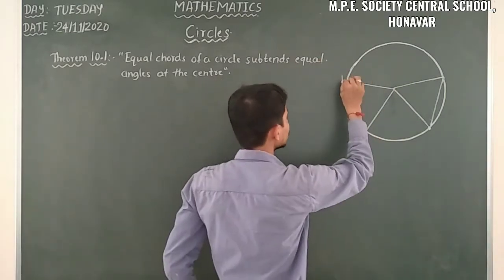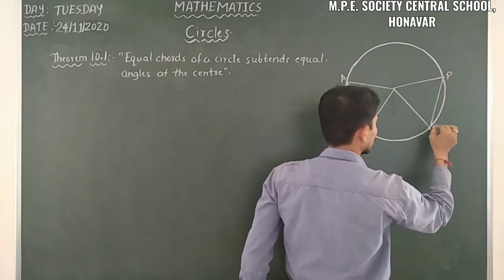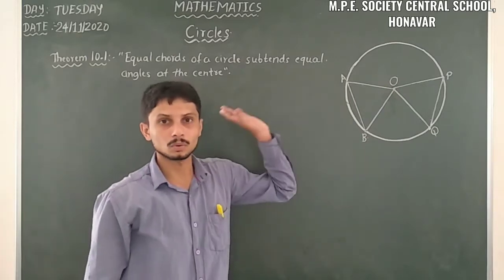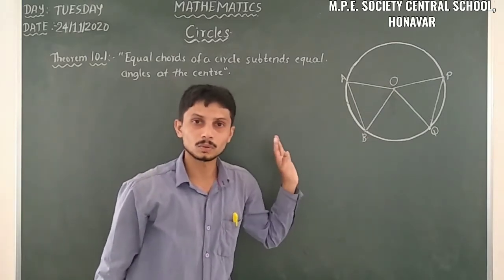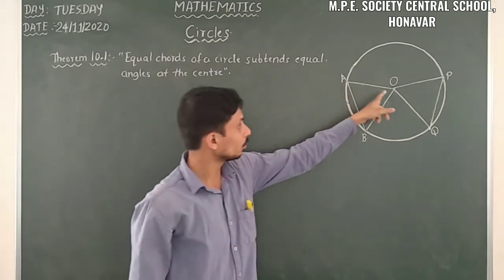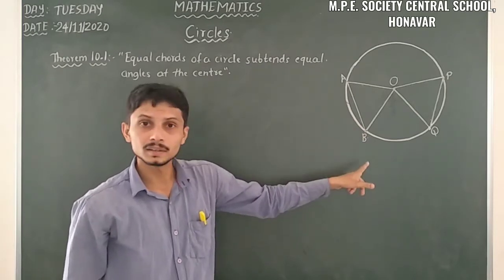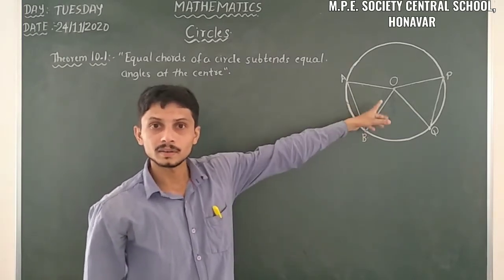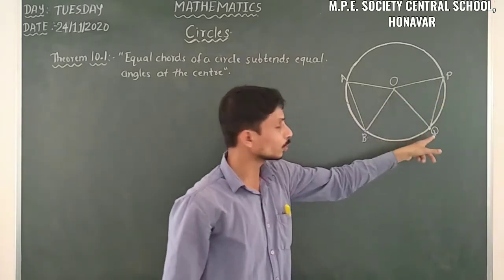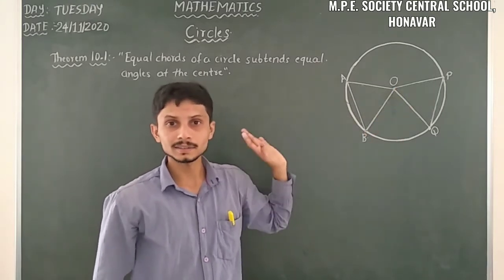Here I will take this one as AB and this one as PQ, and this is the center of the circle O here. We know that angle AOB is the angle subtended by the chord AB at the center, and angle POQ is the angle subtended by the chord PQ at the center.